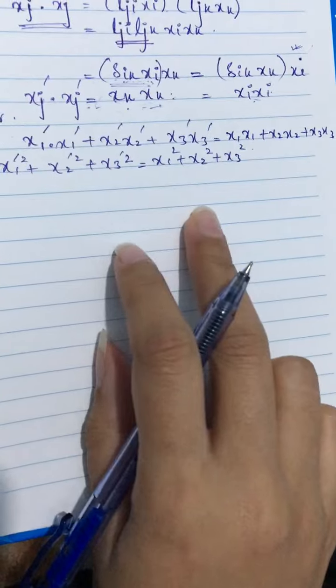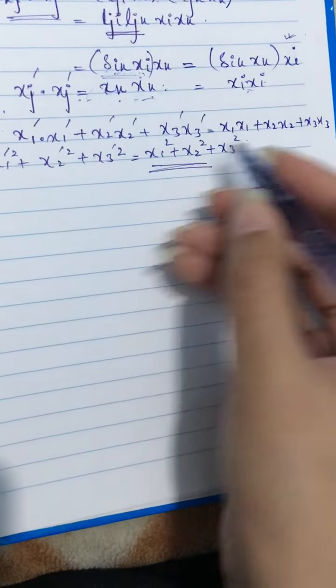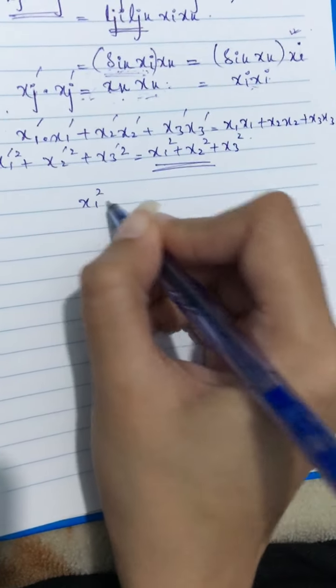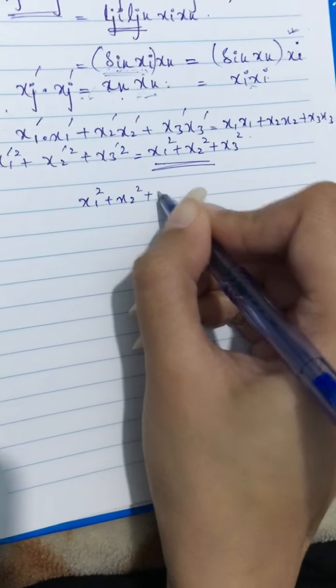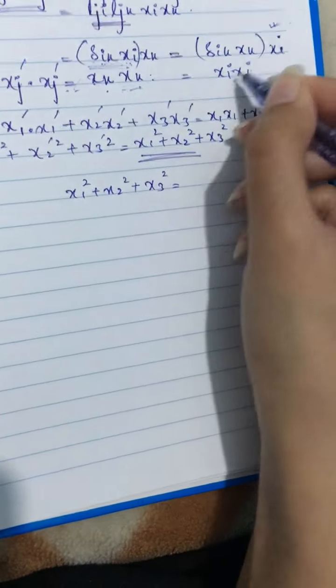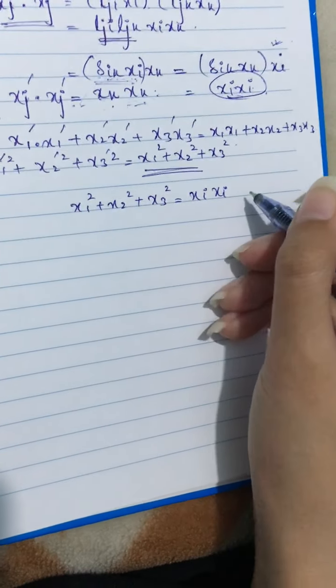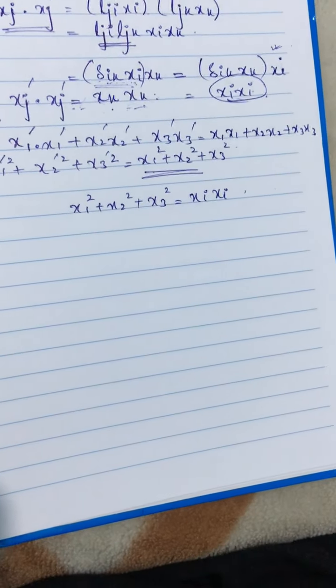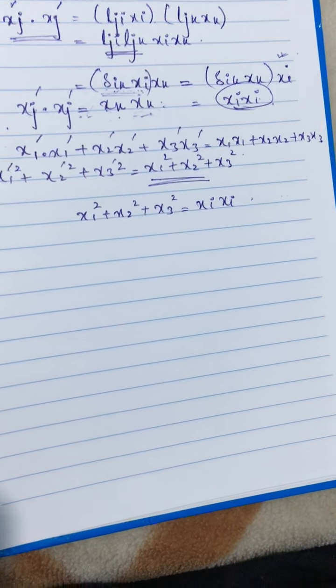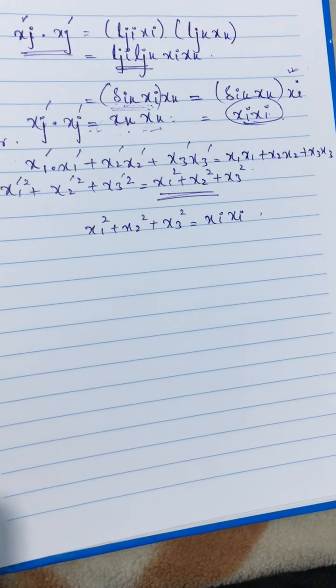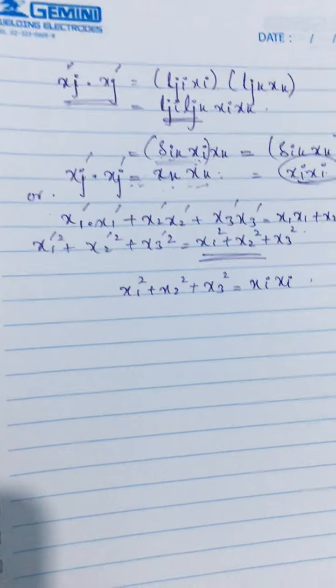So this shows that the quantity x1 square plus x2 square plus x3 square, that is xi xi, is invariant with respect to the rotation of the axis. So this is the general proof here.